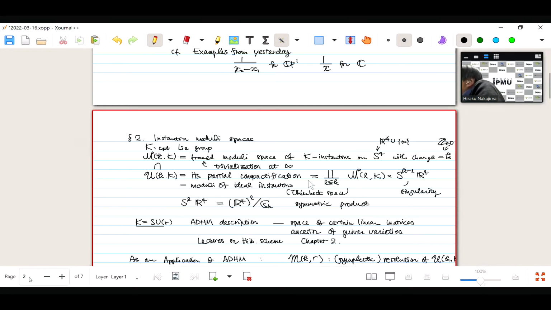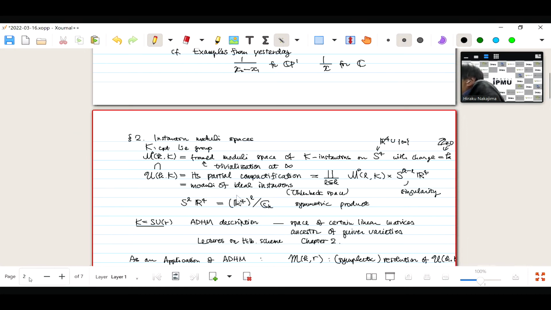Set theoretically, this is a disjoint union of instanton moduli spaces with smaller charge, where l is a charge smaller than or equal to k. And the difference is a symmetric product of the base space R4. So S^(k-l) R4 denotes the symmetric product of R4.